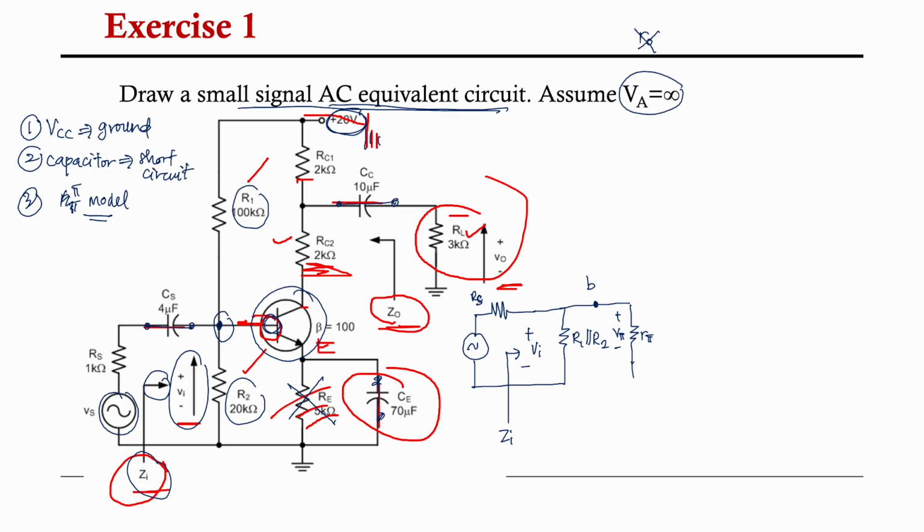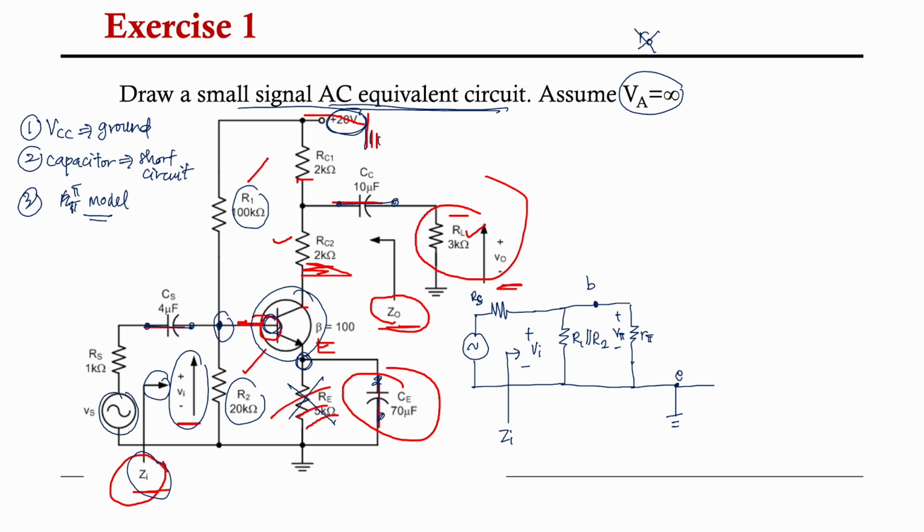From here, we can connect to our emitter. How about at the emitter? Do we have any resistor? No. Straight away, it will go to ground. So this is ground.